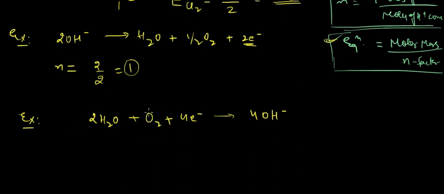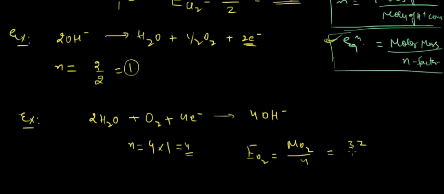What is the number of moles of electrons accepted by O2? That would be 4, and moles of oxygen consumed would be 1. So the n factor would be 4, and the equivalent weight of oxygen would be the molar mass of O2 upon the n factor, which is 4. The molar mass of O2 is 32, divided by 4, so the equivalent weight would be 8 grams.